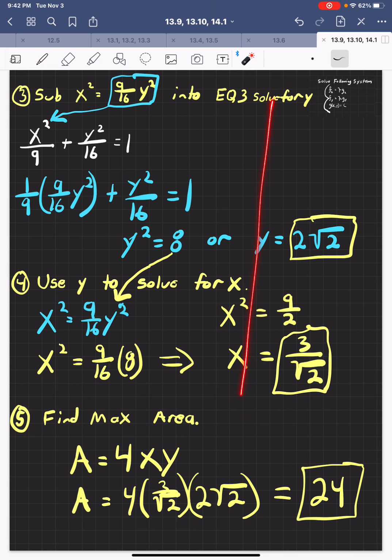This is the Lagrange multiplier technique. This is the method. Optimization gets messy when you increase the amount of constraints. But the Lagrange method, especially when you have more than one constraint, is the way to go.